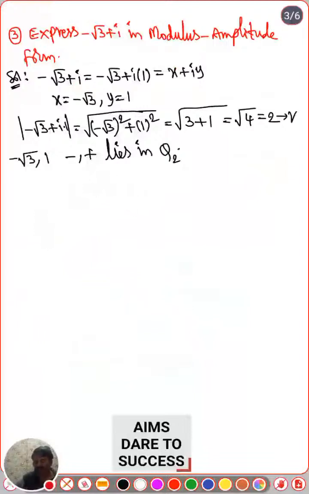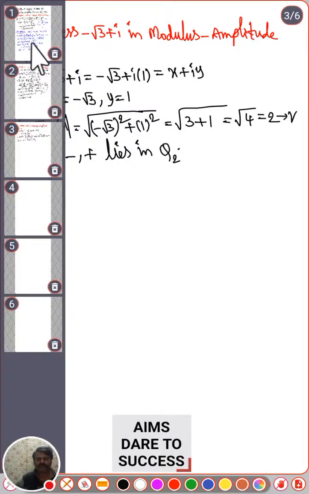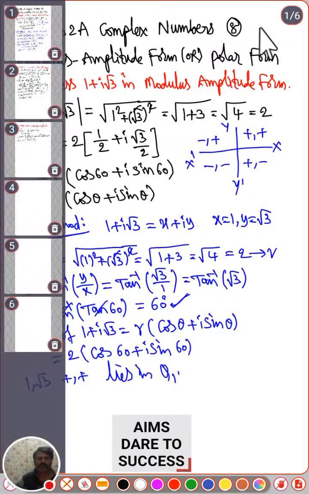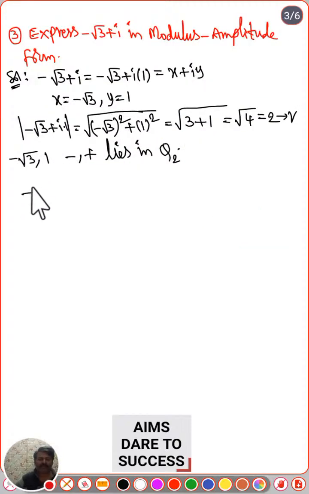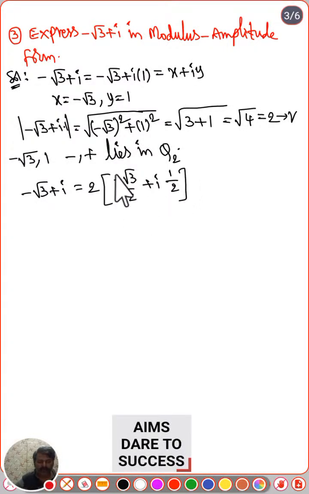Okay, now the given value you can take as minus root 3 plus i. This can be written as r value, multiply and divide by 2, into minus root 3 by 2 plus i into 1 by 2. Minus root 3 by 2 you can write in terms of cos, and 1 by 2 in terms of sine, but theta lies in the second quadrant.